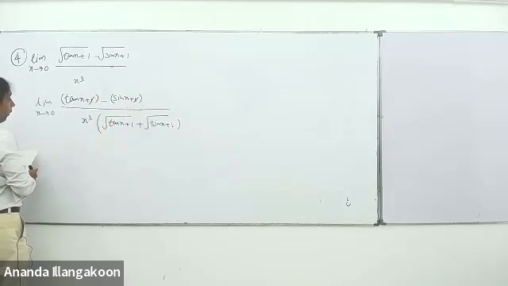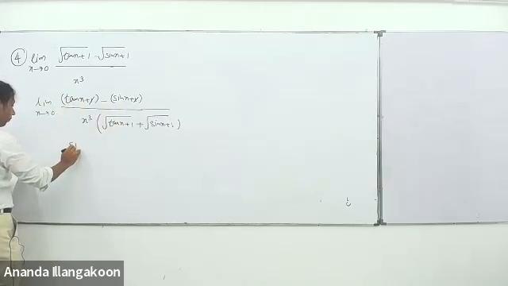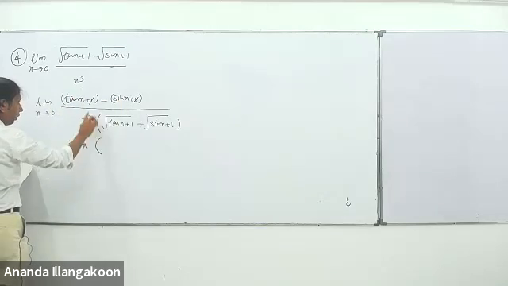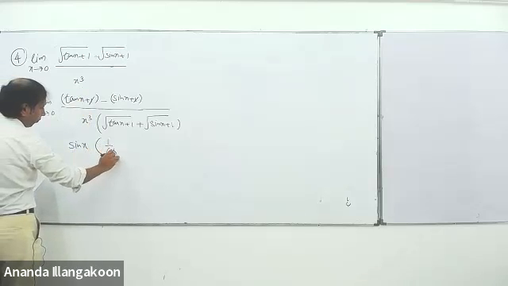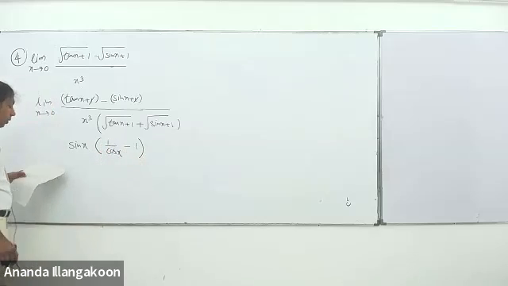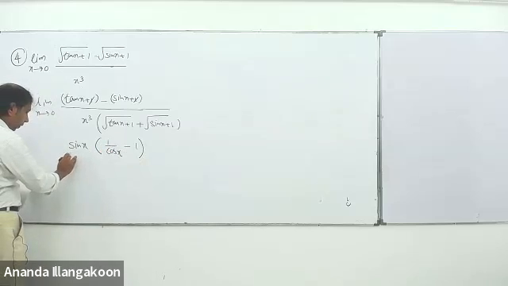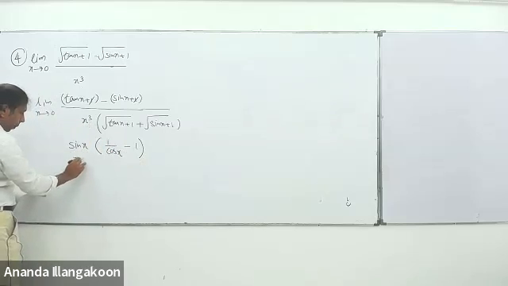Now here, tan x we can write as sin x by cos x, no? Take sin x out. Then we get here 1 over cos x minus 1, no? Next, of this x cube, only one x I write here.